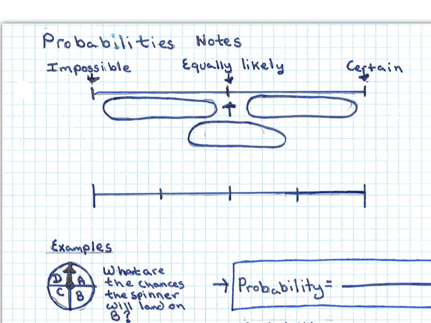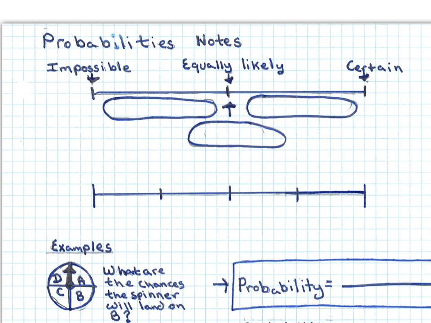When we talk about probability, what we're talking about really is how likely an event is to happen. And we look at this scale, or the fancy word continuum, that goes from impossible all the way up to certain. And we call this area in the middle equally likely.